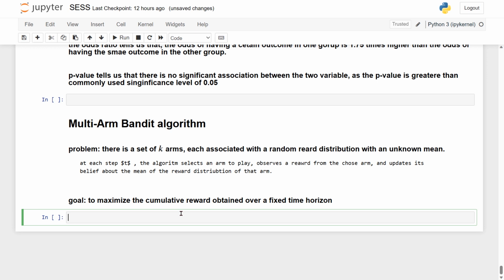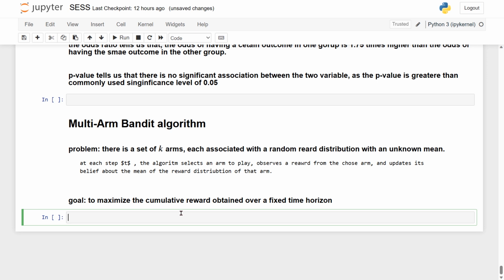There are several variants of MAB algorithms, but the basic idea is to balance the exploration of uncertain arms and the exploitation of promising arms.